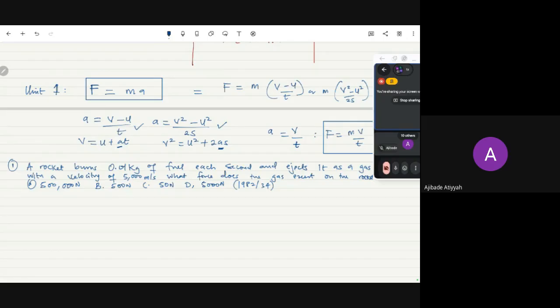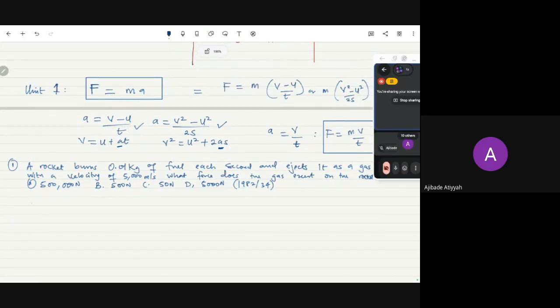Now, the question here is quite simple. Like I used to tell you, anytime you have a calculation question, don't bother yourself. Just write out the parameters. From the parameters, you will know the formula to use. The mass is 0.01 kg, the time is 1 second, and the velocity is 5,000 meters per second.